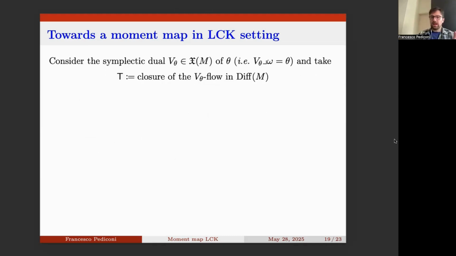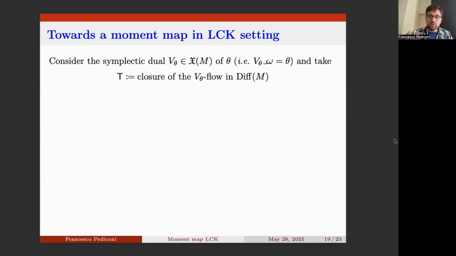Whenever you have a locally conformally symplectic structure on the manifold, you can consider the Lee form and its symplectic dual, which is a vector field. The fact that omega is not truly symplectic is not important, because you just need omega to be non-degenerate. So you get this vector field, which is canonically associated to the locally conformally symplectic structure.